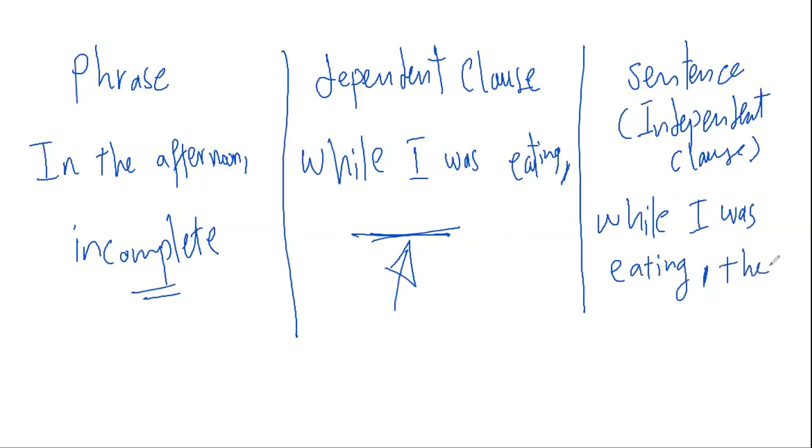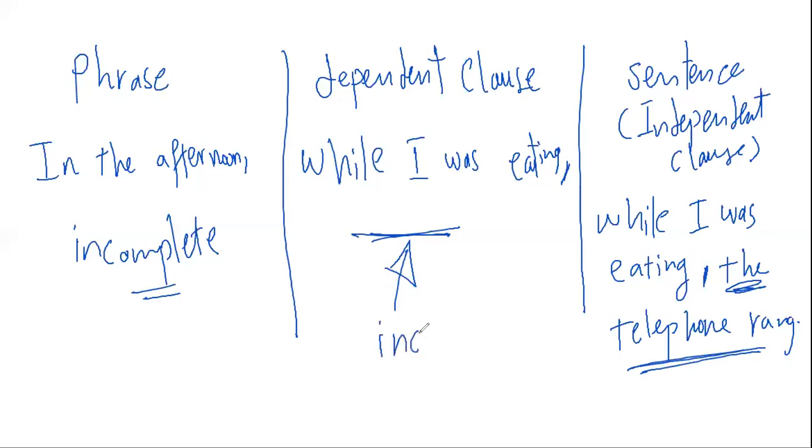The telephone rang, for example. Now when I put this sentence, the meaning is actually complete. All right, very good. So dependent clause also is incomplete.